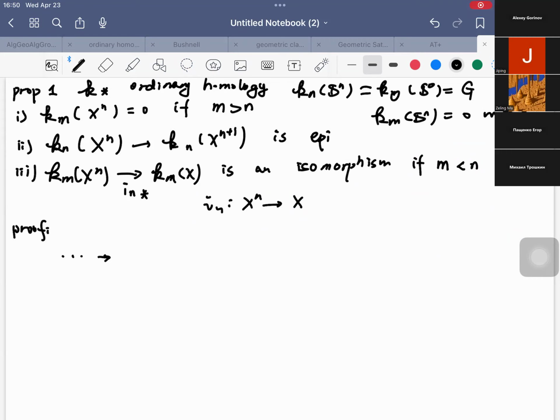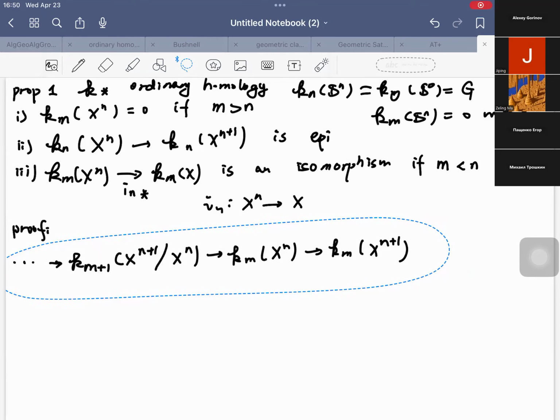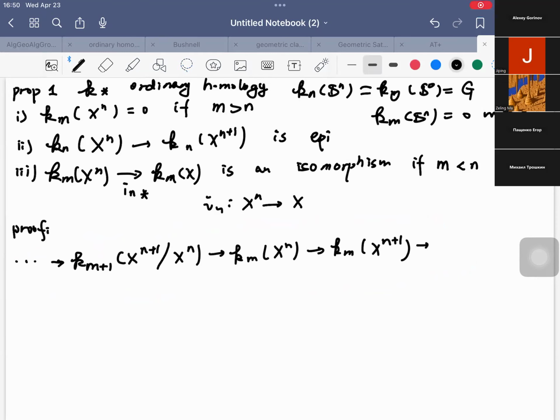We talked about K_{m+1}(X^{n+1}, X^n) to K_m(X^n) to K_m(X^{n+1}), and the quotient X^{n+1} over X^n.